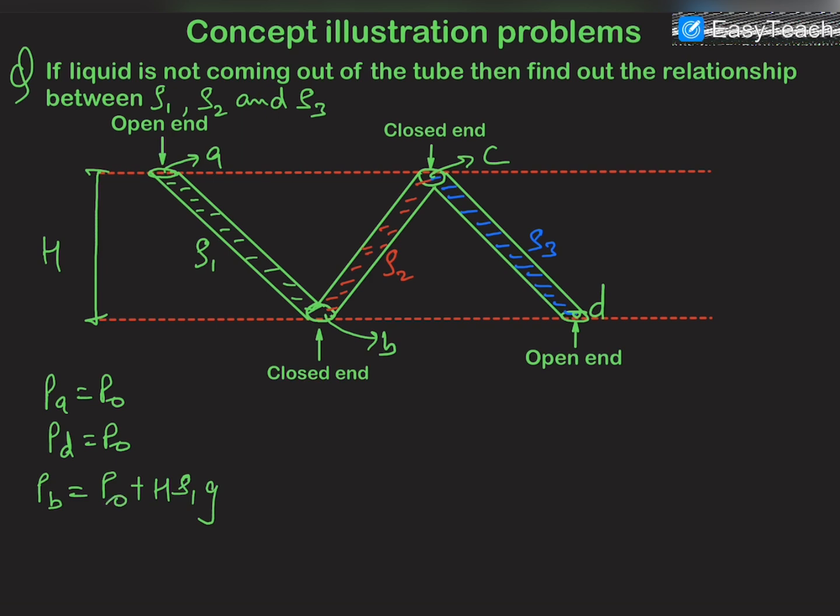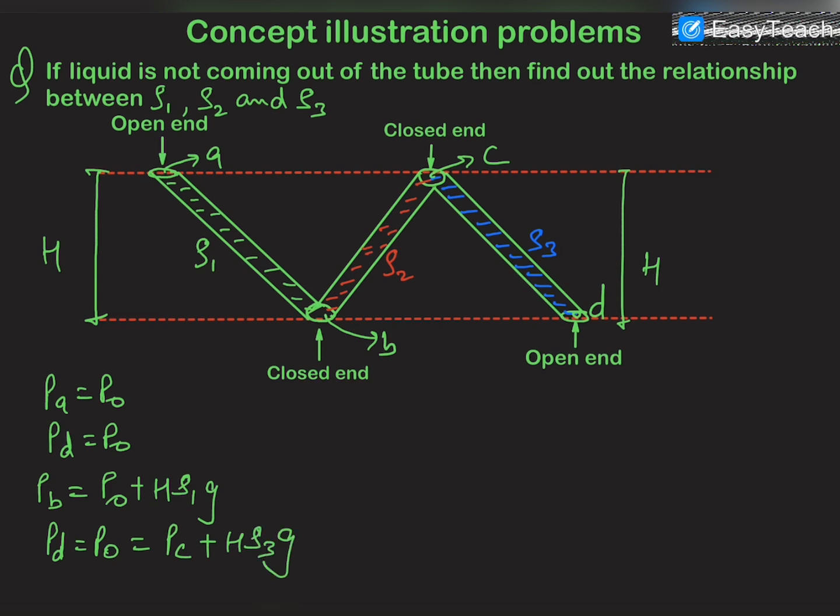In the same way, point D is vertically below point C by the same height h. So pressure at D, which is P naught, is equal to pressure at C plus h rho 3 g.